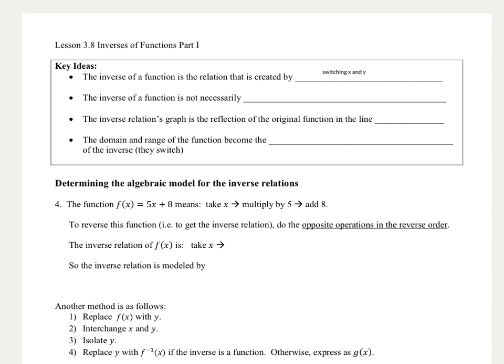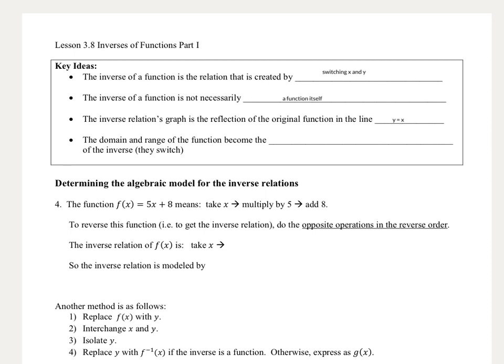That comes from the fact that we switched x and y. And because we switched x and y, the inverse relation's graph is the reflection of the original function in the line y equals x.